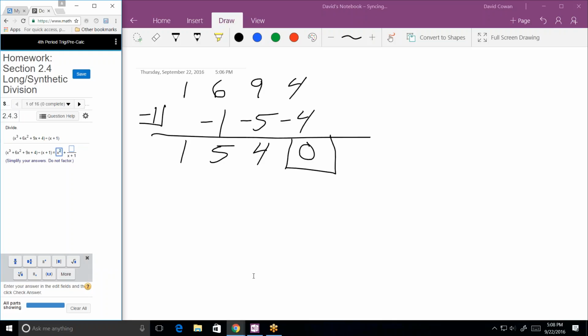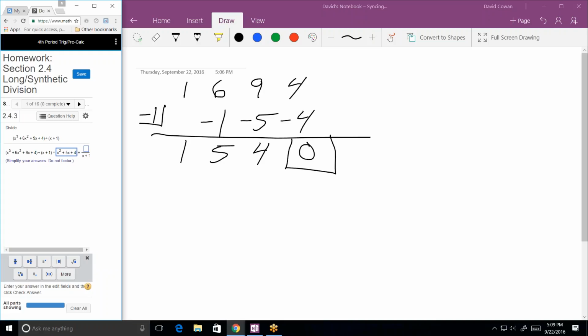Like that? Yep. Plus 5x, whoops, make sure you go right arrow, I remember that about this, plus 5x plus 4.